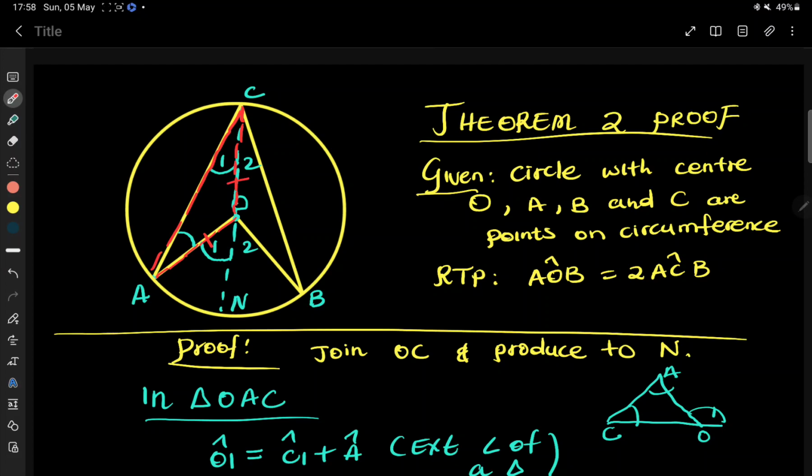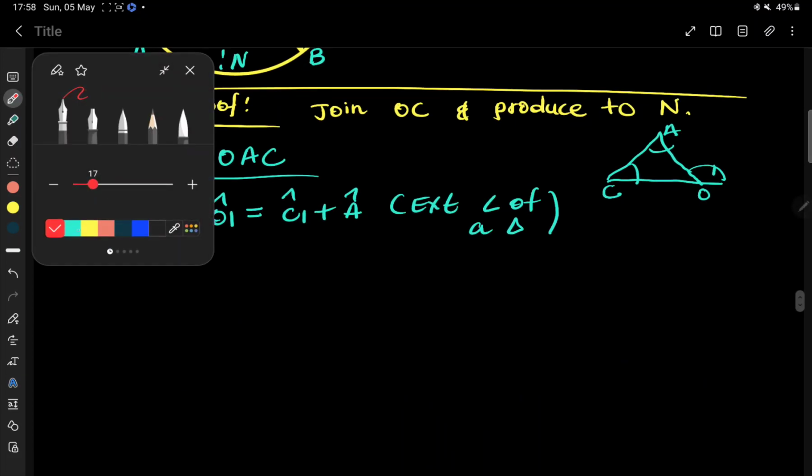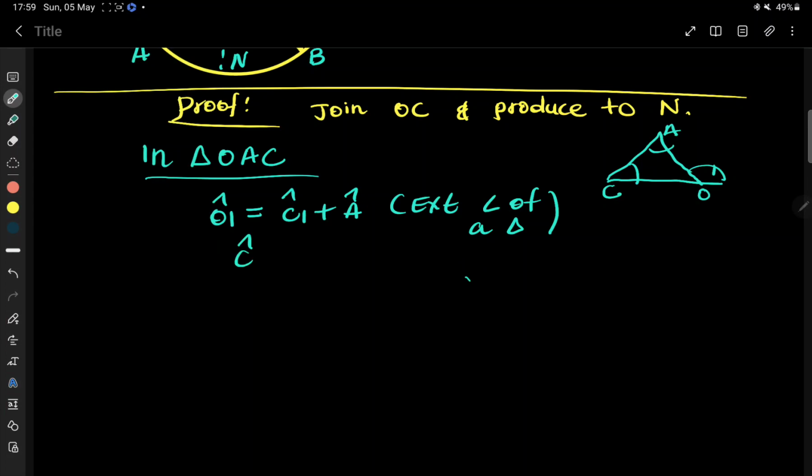In other words, if OC is equal to OA, therefore angle C1 is equal to angle A. Reason: equal radii. OA is equal to OC, which is radii.